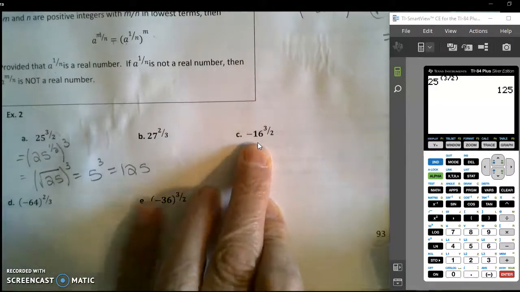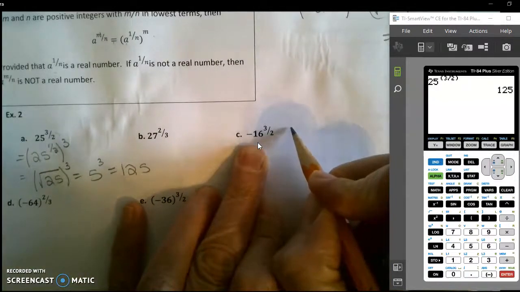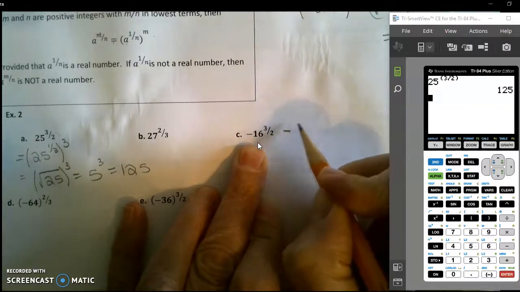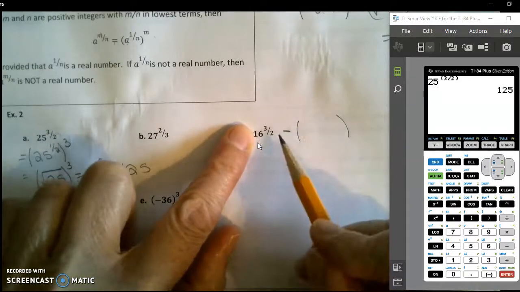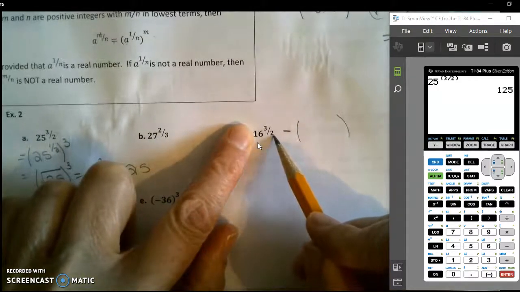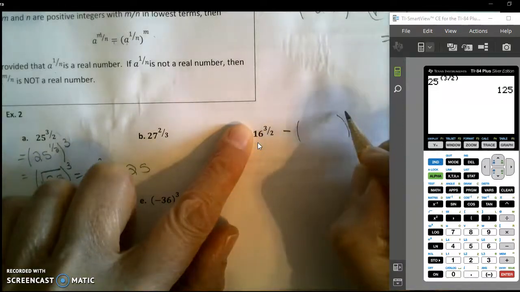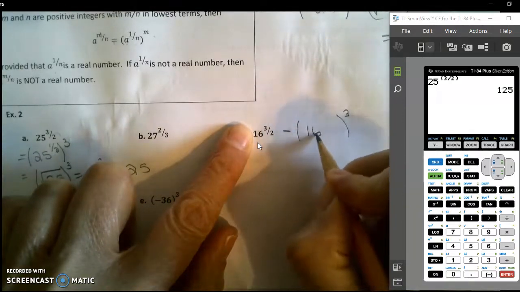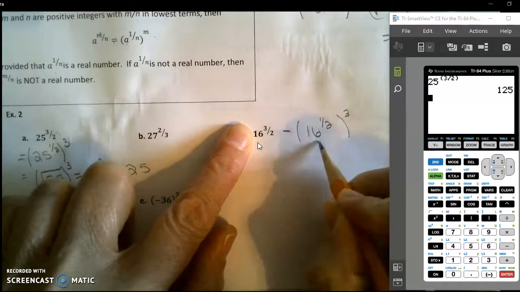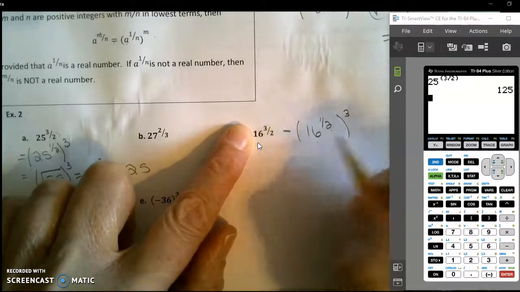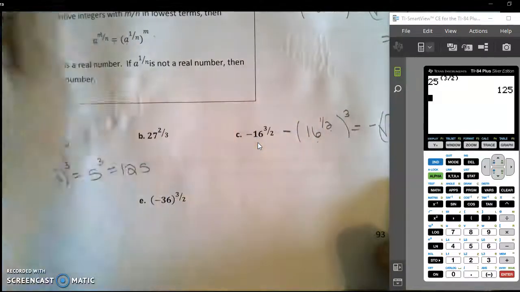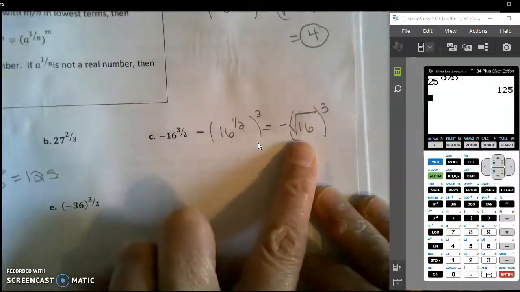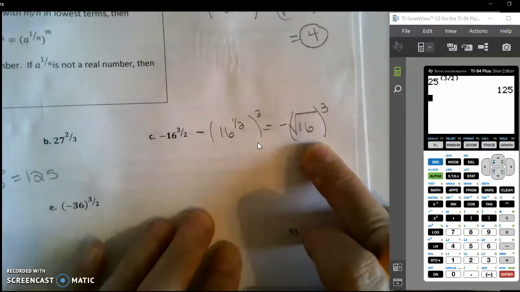Let's go ahead and look at this one. The negative is on the outside, just like we looked at earlier with the other example. And I'm just going to make it 16 to the 1/2 and then cube on the outside. 16 to the 1/2 means the square root of 16, which we know is 4.